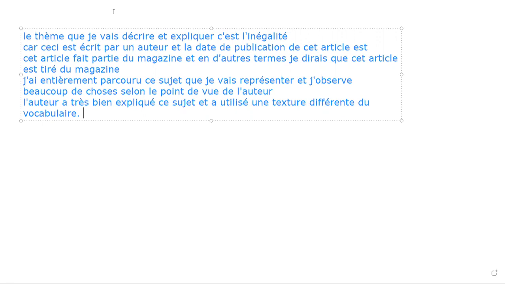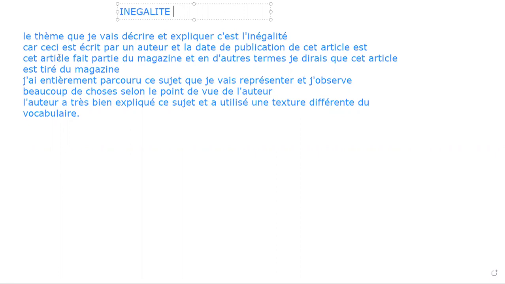I have a topic of inégalité, inequality. So how will I start? I will say le thème. Le thème is the theme that I'm going to describe. So répétez après moi. Le thème que je vais décrire, I'm going to describe, et expliquer, and explain, c'est l'inégalité, which is inequality.